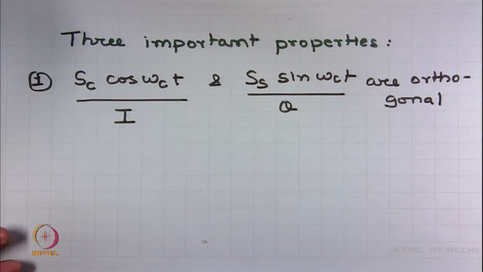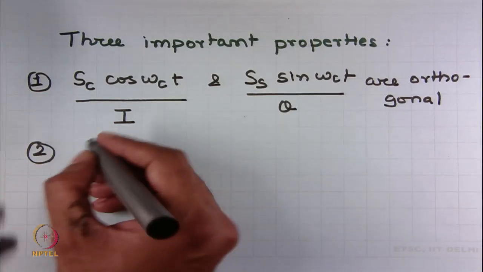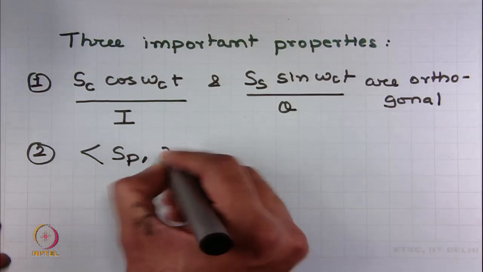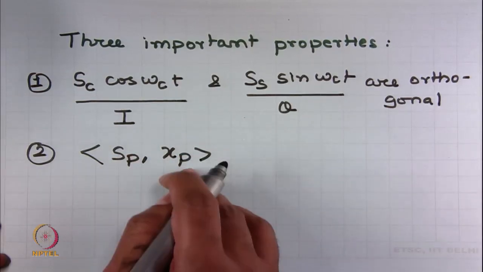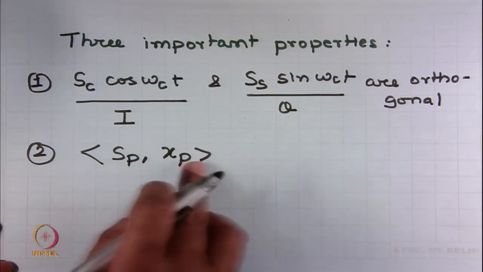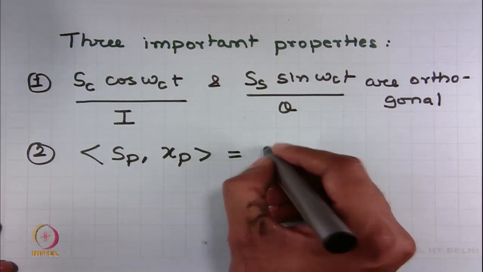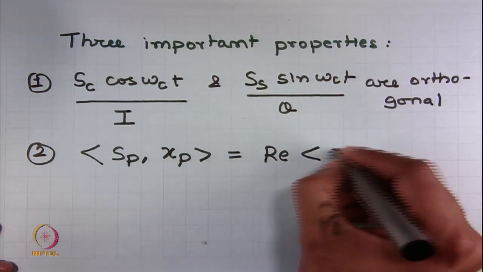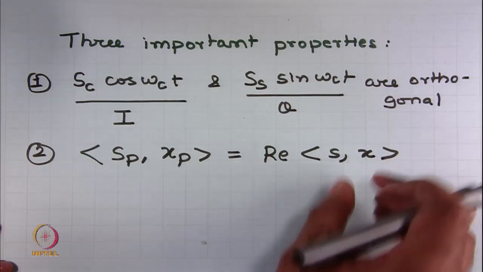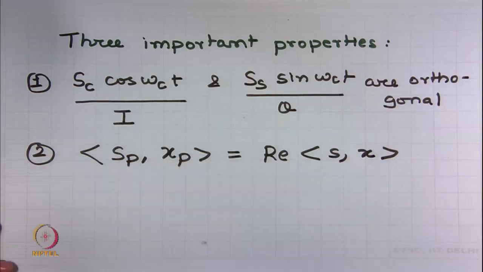The second property that we have to prove is that the inner product of s_p with x_p, where s_p and x_p are the passband signals, p represents passband signals, and again I do not have t in here, is the same as the real part of the inner product of s and x. s and x are the complex baseband equivalents of these passband signals.